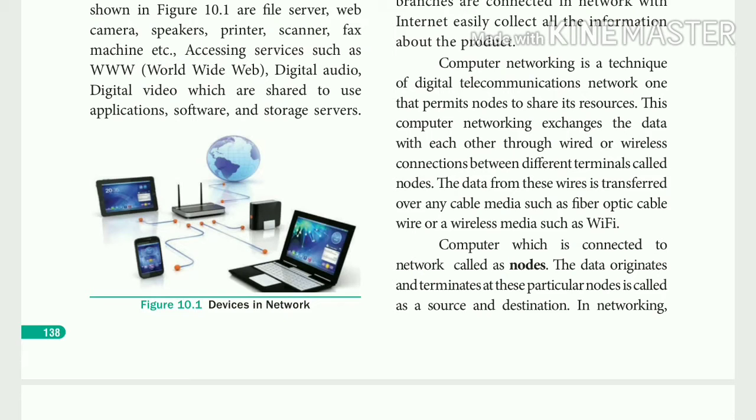Wired connection like Ethernet, USB, and OFC, optical fiber cable. Wireless connection like Bluetooth, Wi-Fi hotspot. Okay, so these kinds of connection can be established between computers. Okay, so each computer in the network is known as a node. Okay, each single terminal in the network is known as a node.